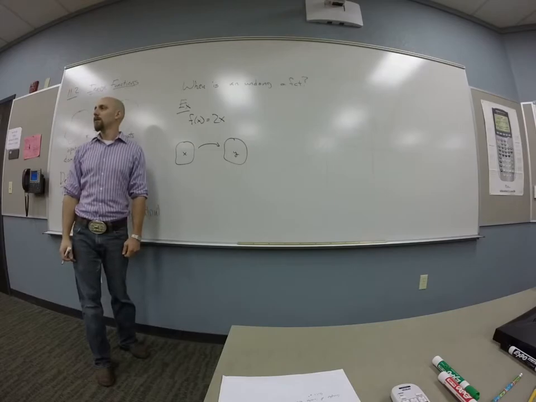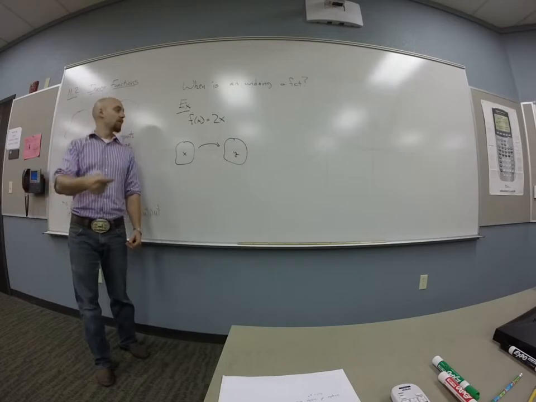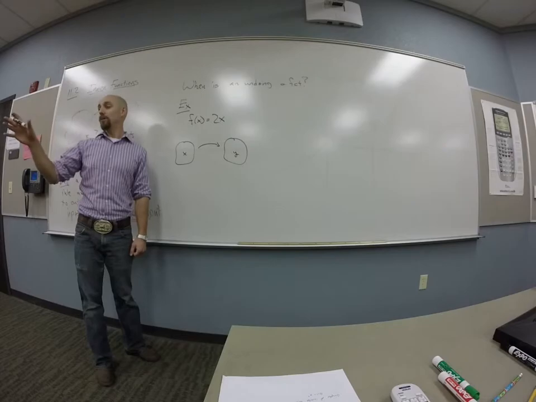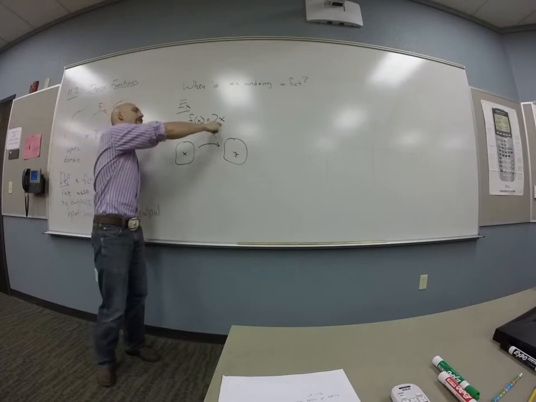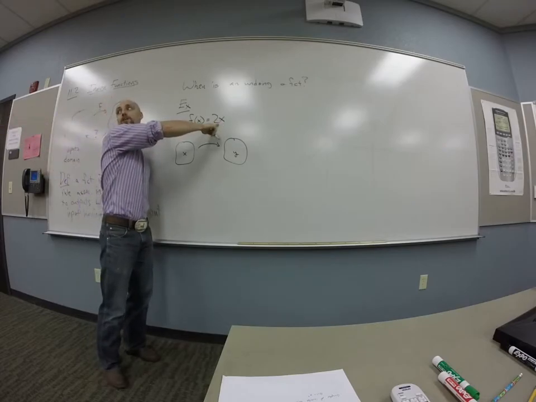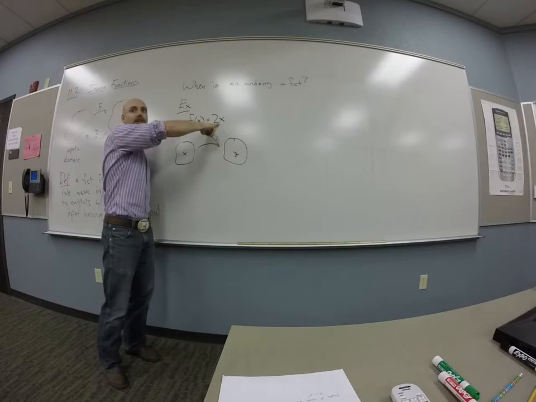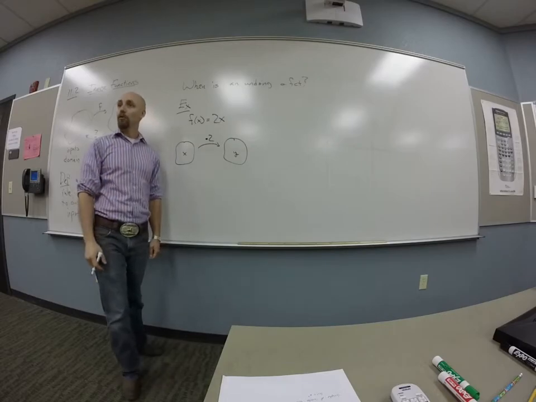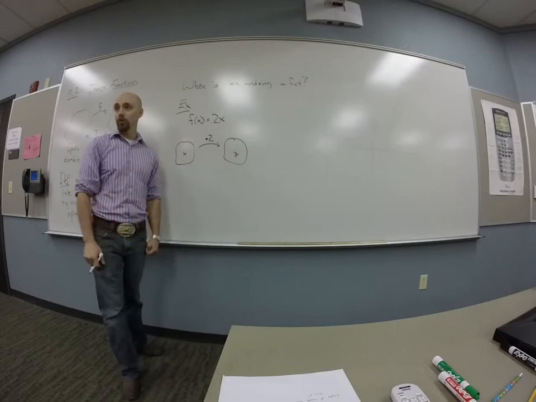When I put an x in here, what do I do to it? This multiplies by 2. So another name for the rule f is multiply by 2.